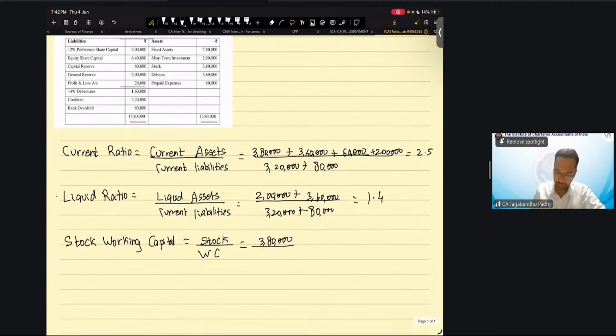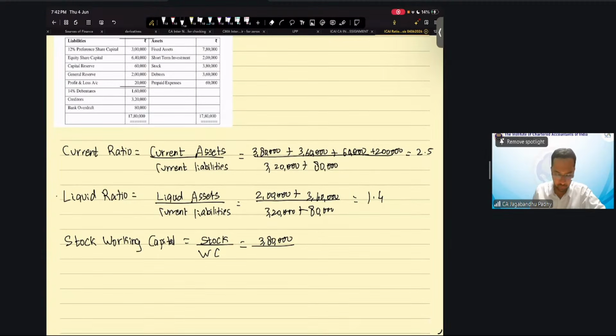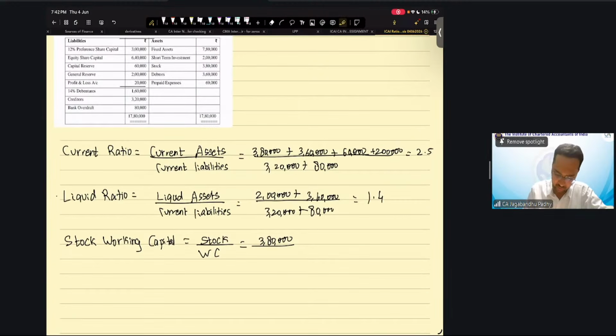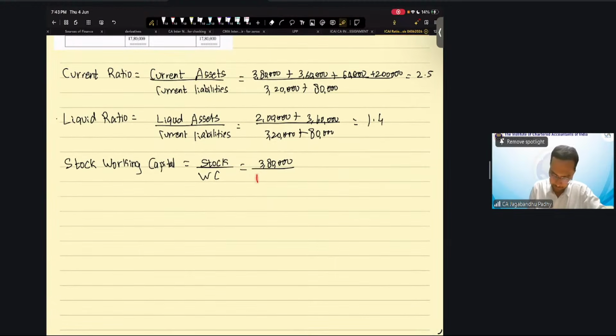Total current assets is 10 lakh and current liabilities are totaling to 4 lakh, right? So 10 lakh minus 4 lakh is 6 lakh. So 3,80,000 divided by 6 lakh.